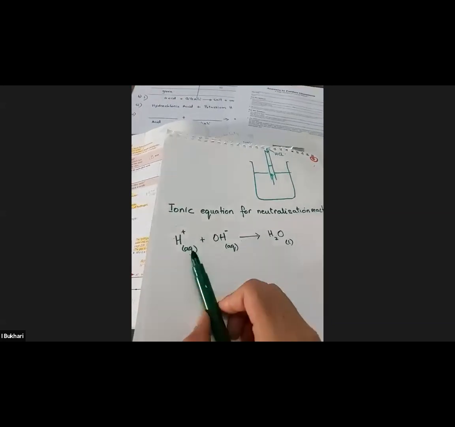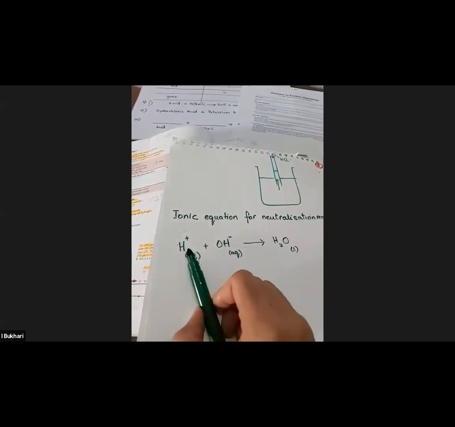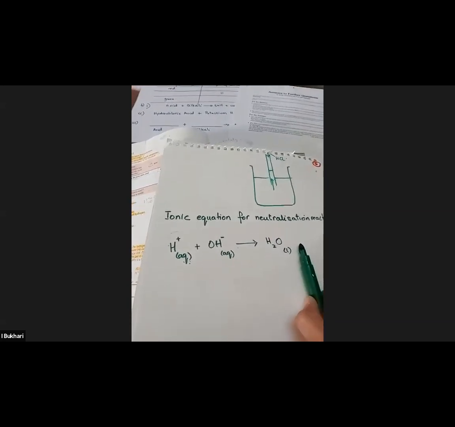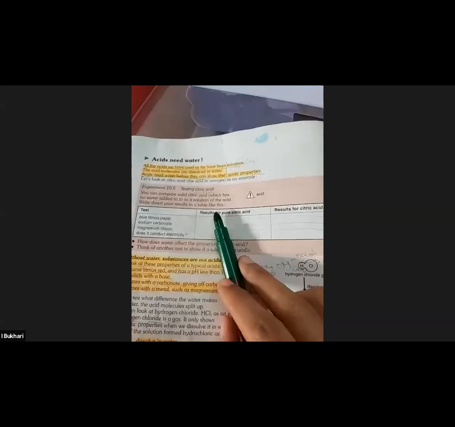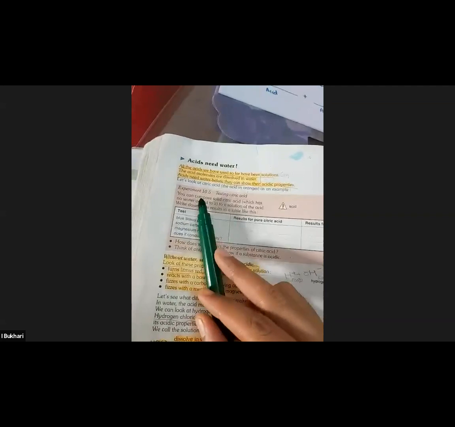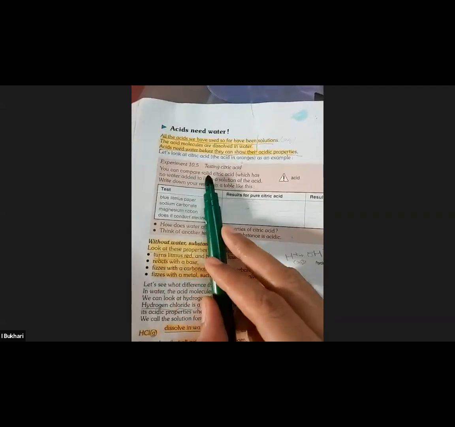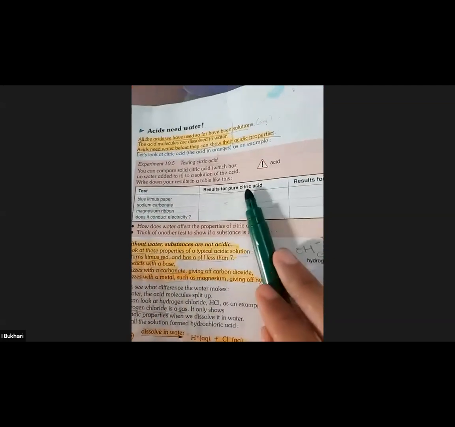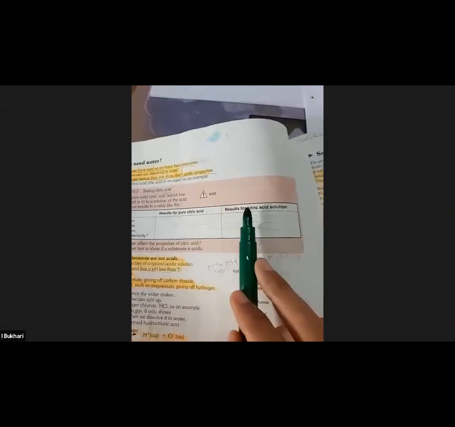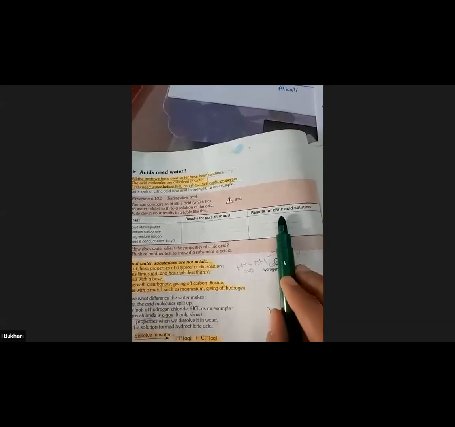So if you do not provide the acid with water, there will be no hydrogen ions and there will be no neutralization reaction, right? So they carried out this experiment and they are comparing pure solid citric acid, which has no water added to it, with the results for citric acid solution.